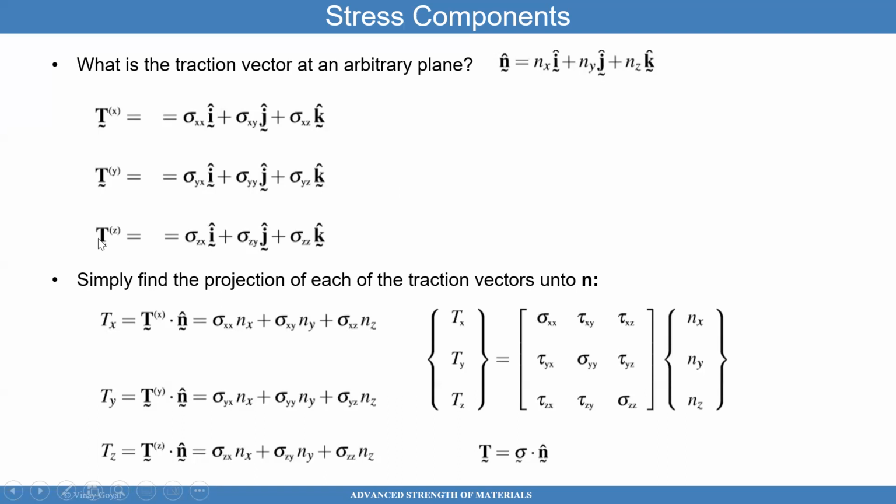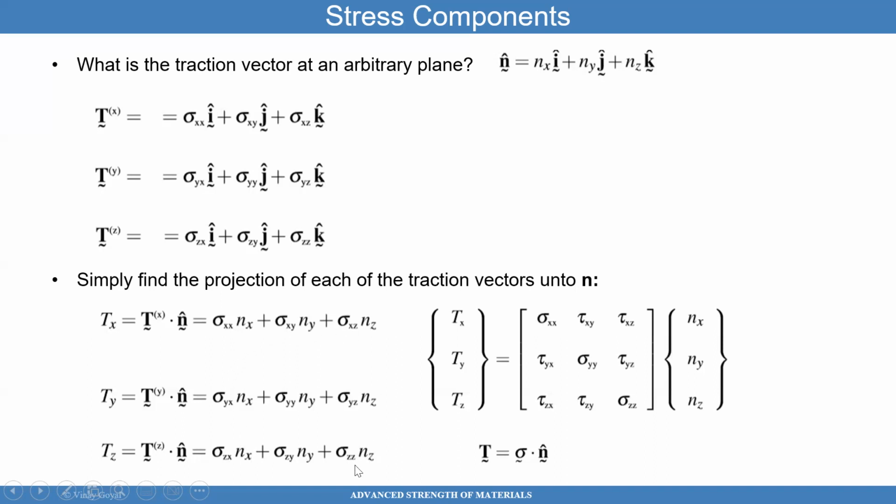And finally, that third traction vector can also be projected on that slanted surface whose normal is n. So I get sigma zx nx plus sigma zy ny plus sigma zz nz.